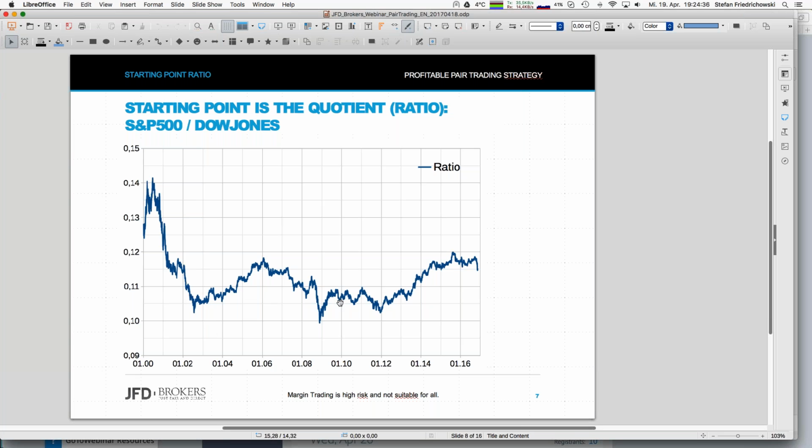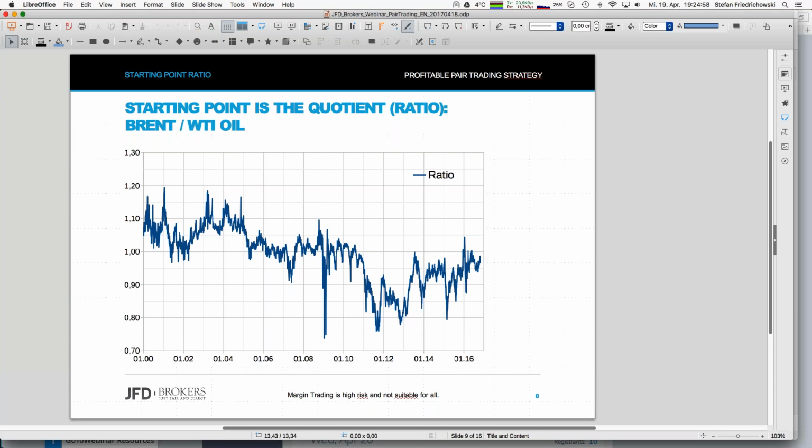In between, there are phases which really wiggle around, which is good. That wiggling around is exactly what we really need for our pair trading activities. But you will see it when I zoom into those prices and ratio charts later.